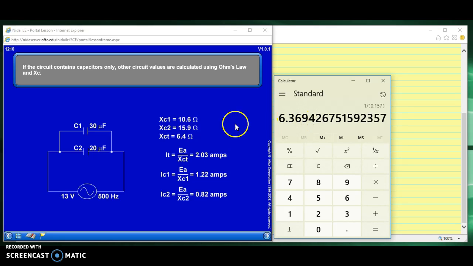If we round, we go to 6.4, which is what they got. So obviously, to get IT, they just took 13 volts, which is E applied, divided by the X of C total, 6.4, equals 2.03. Same thing here, E of A, 13, divided by X of C1, which was 10.6.